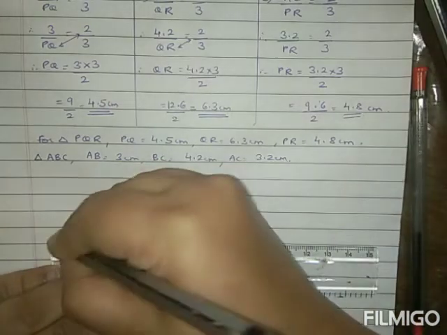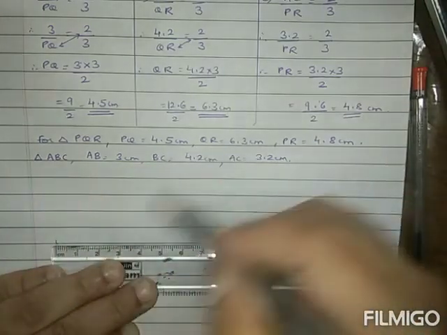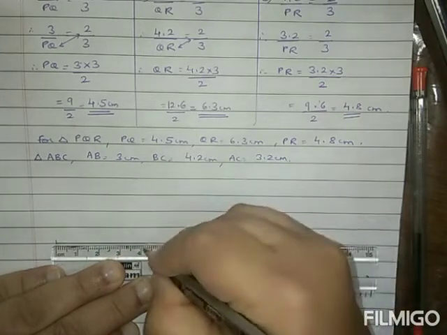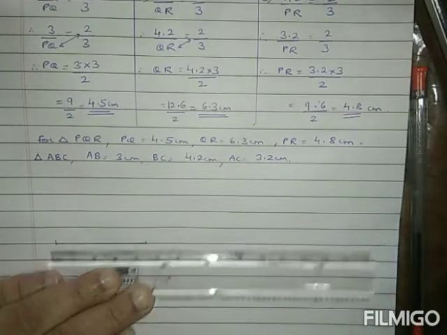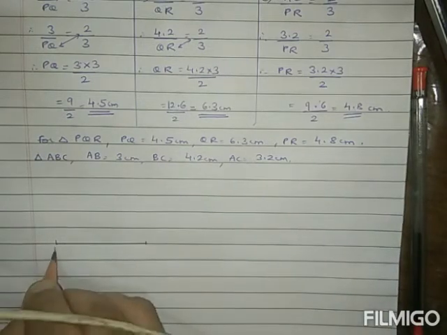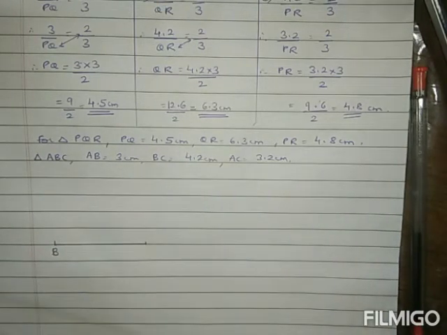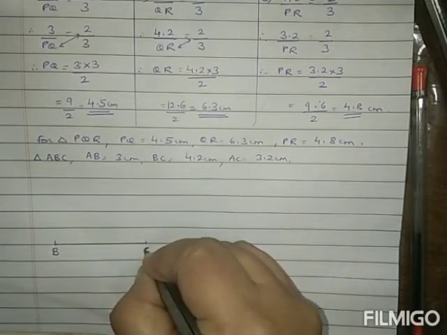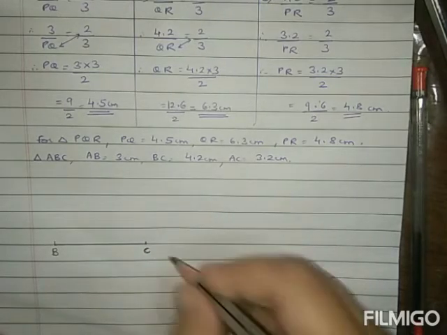So I will draw segment BC first, which is 4.2 cm. Is the pencil visible?